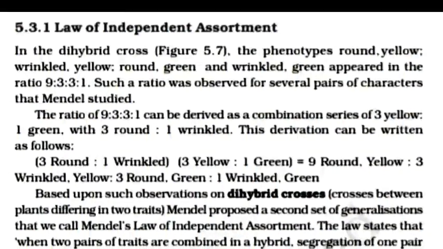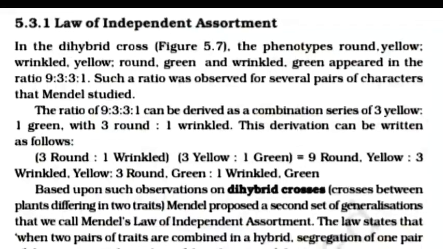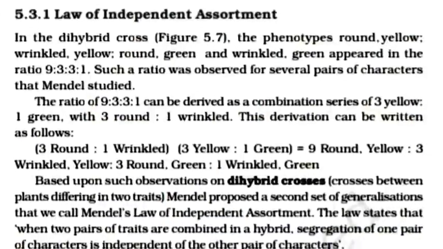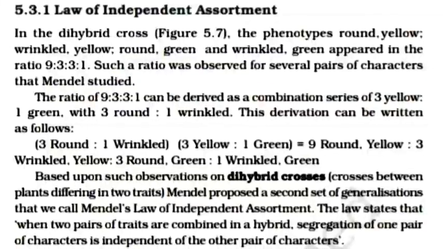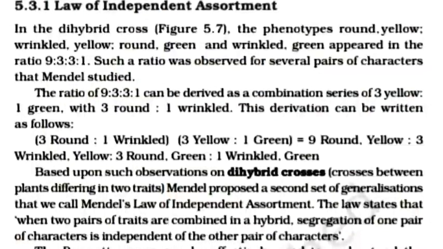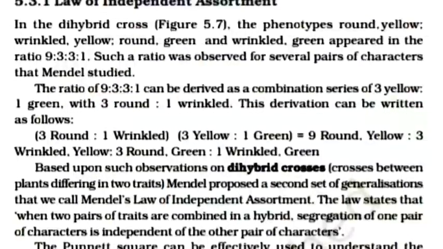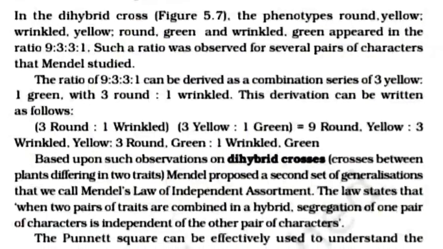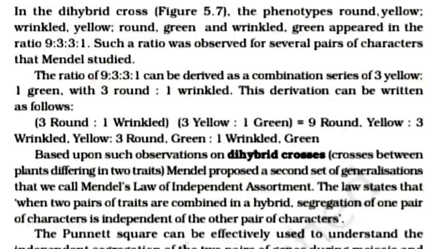Law of independent assortment. In the dihybrid cross, the phenotypes round yellow, wrinkled yellow, round green, and wrinkled green appear in the ratio 9:3:3:1. Such a ratio was observed for several pairs of characters that Mendel studied.